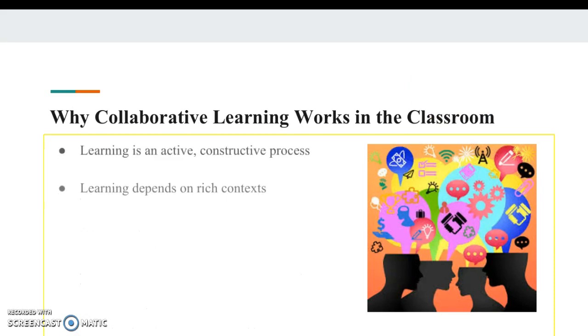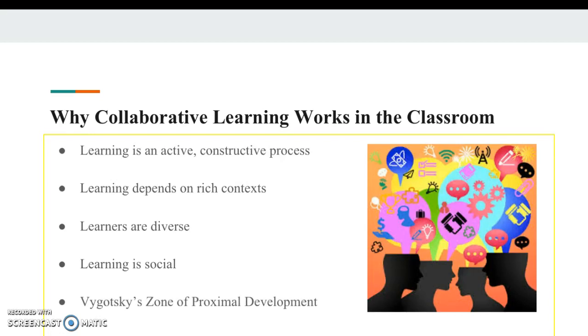Why does collaborative learning work in the classroom? Well, there's a couple of reasons. Number one, learning is best done as an active, constructive process. When we can create our own meaning, a lot of times that allows for deeper understanding. And so because learning is an active process, collaborative learning lends well to that because it is active.